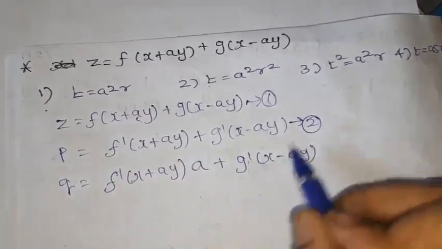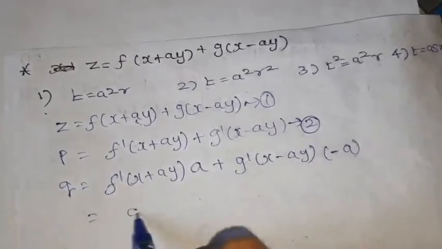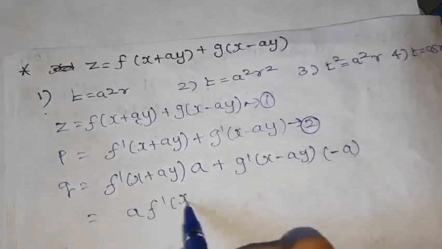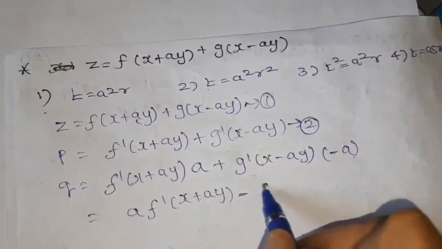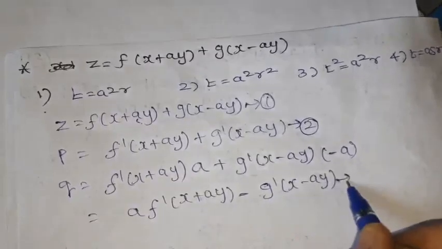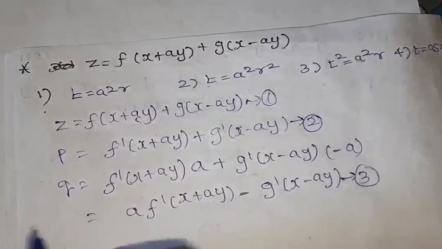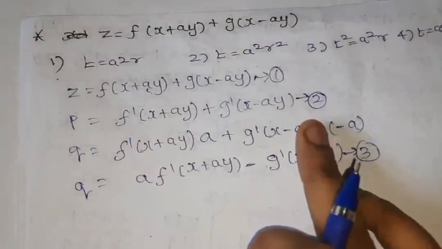When we differentiate this term, what will we get? Minus a. So q = a f'(x + ay) − a g'(x − ay). See, this is equation 3, q, right.